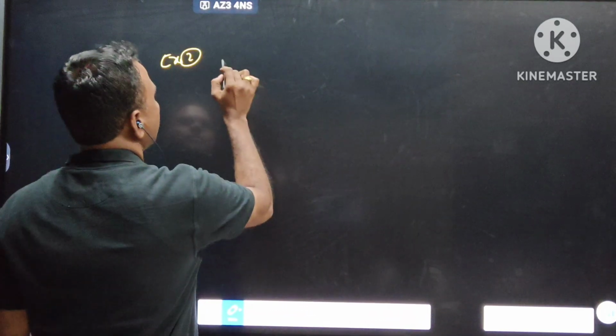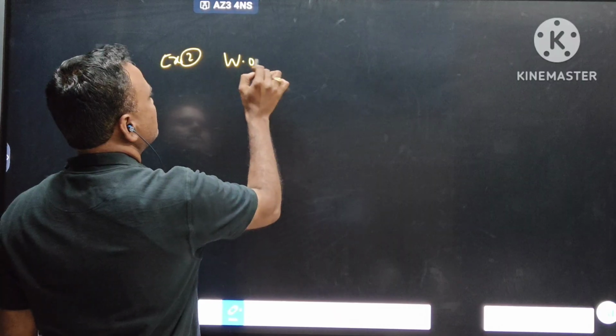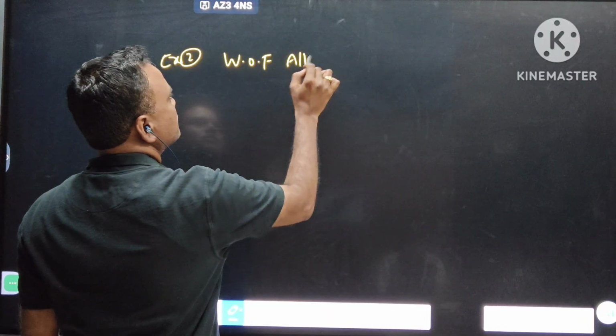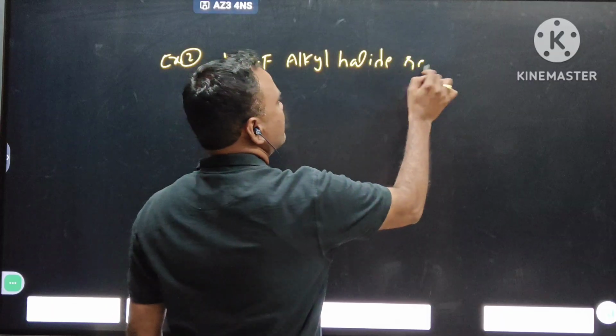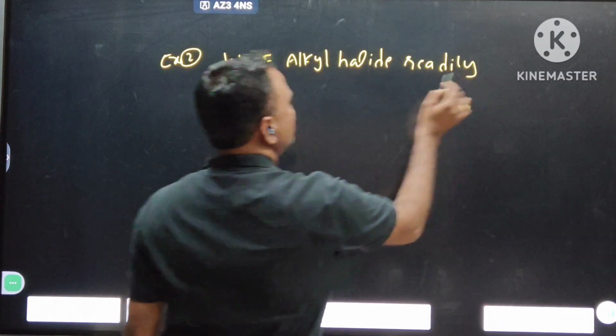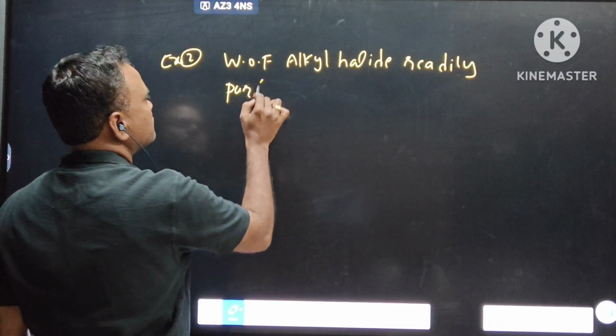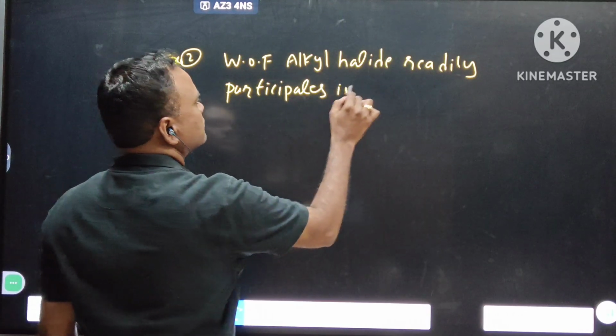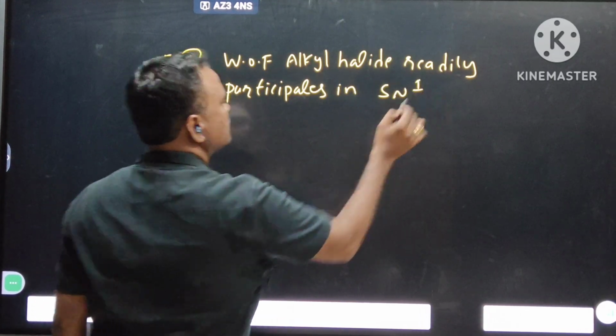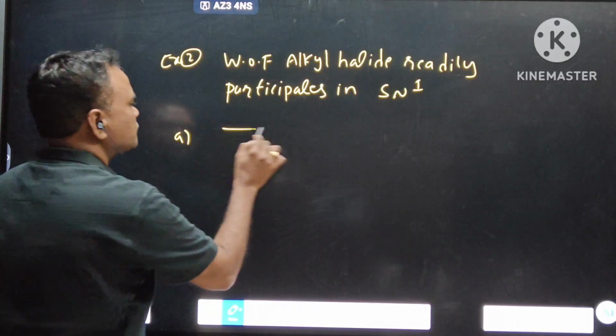Example. See the model question. Which of the following alkyl halides readily participates in SN1? First option.